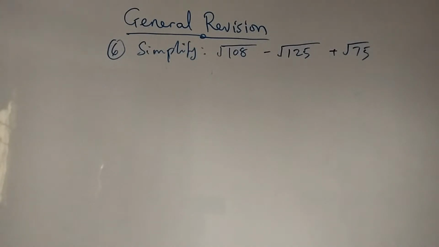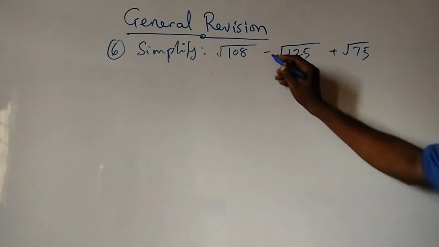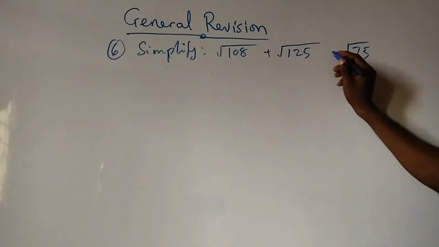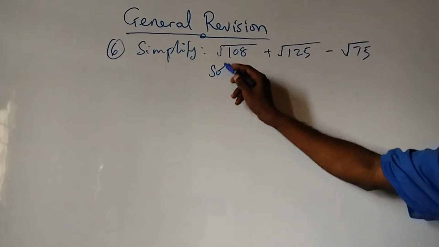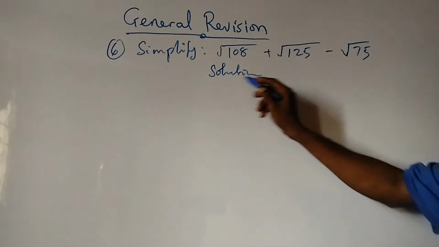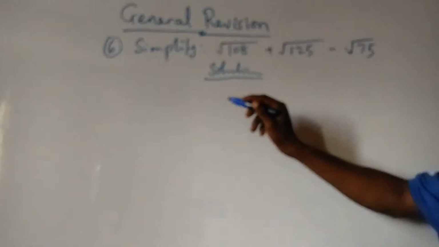Okay. So here this is plus and this is minus. So when we simplify this, we can express the surds given in simpler surds. That is root 108.